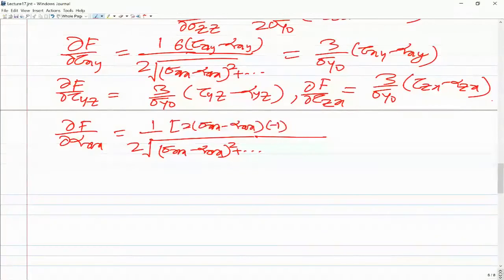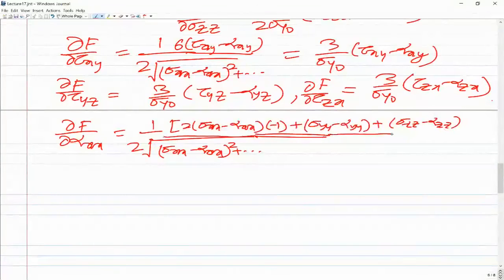In the others also you will get minus, so minus minus will become plus, so sigma yy minus alpha yy plus sigma zz minus alpha zz. So it's a straightforward differentiation. You can do it yourself and cross check what I'm writing over here.